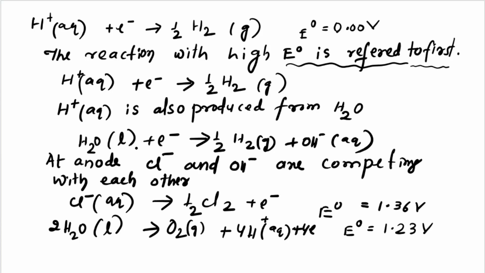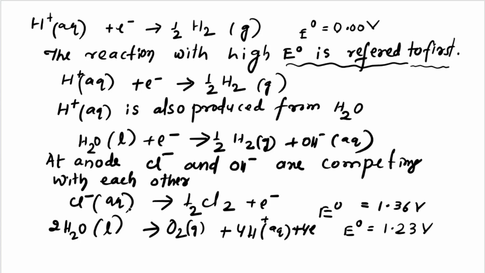And water liquid plus e minus gives half H2 on one side and OH minus aqueous on the other. Now here also at the anode, Cl minus and OH minus are competing with each other, because Cl minus can also be oxidized and OH minus can also be oxidized.